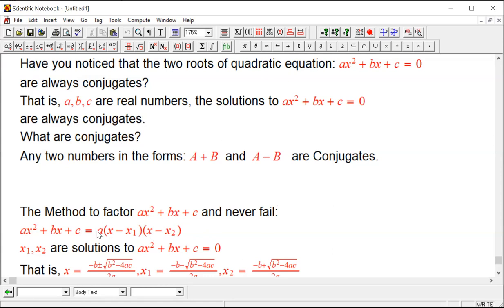Then you say, well, what are conjugates? Any 2 numbers in the form of a plus b and a minus b are conjugates.